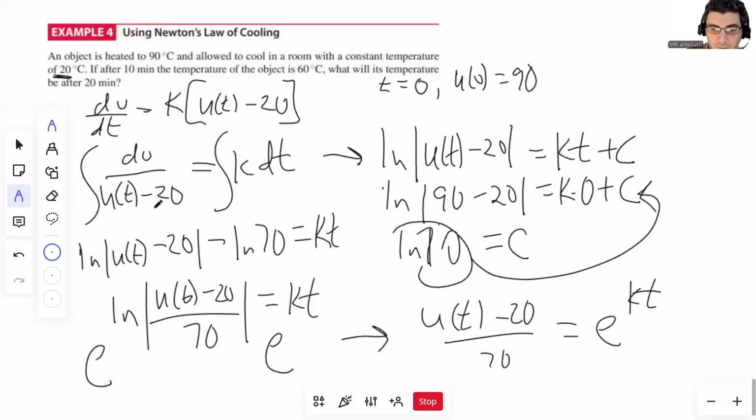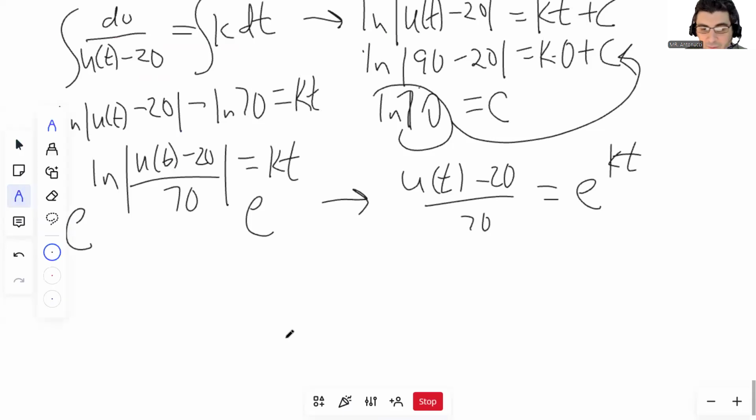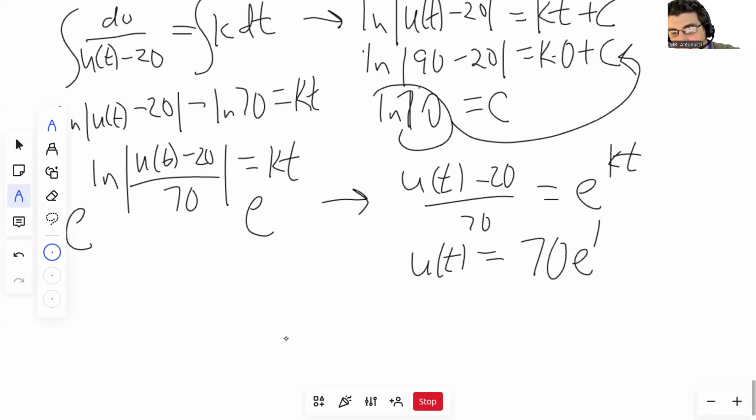Multiplying that by 70 and adding 20 to both sides, you'd have u of t equals 70 e to the kt plus 20. So that's multiplying the 70 off, and then adding the 20 to the other side cancels that.